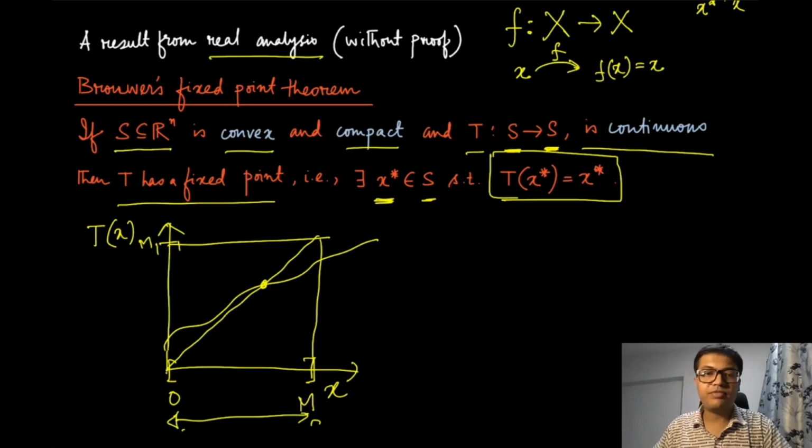You can never draw one that does not cross y equal to x. Yes, if it was a discontinuous function, then you could have drawn something where T has this value here, and then after that it changes its value. In that case, it might not intersect the y equal to x line. But as long as the function is continuous, this fixed point is guaranteed to exist, and Brouwer's fixed point theorem is essentially saying that.